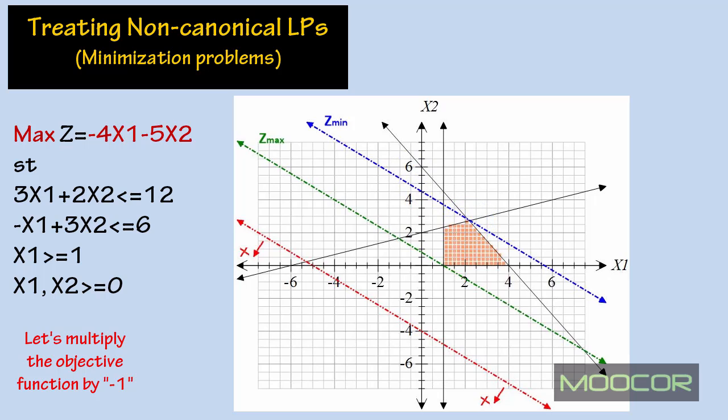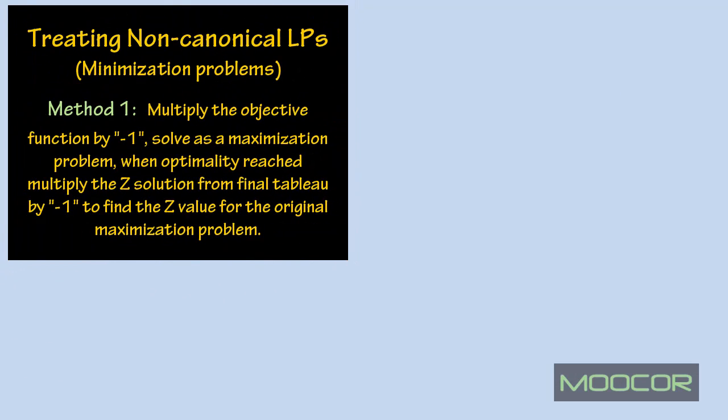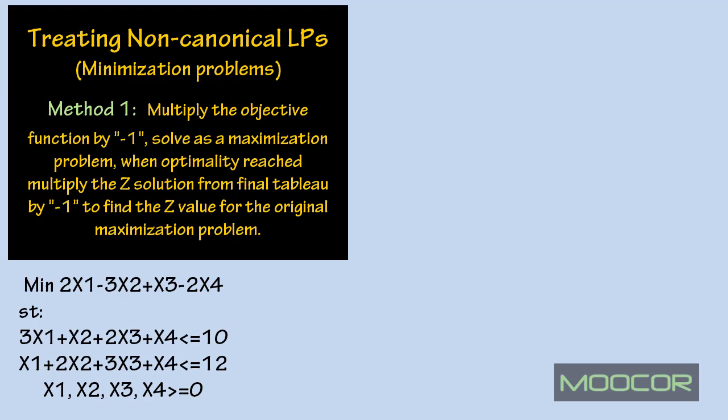So one of the very easy approaches for us is just to multiply the objective function by a negative 1 and then solve the problem as a maximization problem. When we reach optimality, we will remember to multiply the z solution from the final tableau by negative 1 to get the original z value.